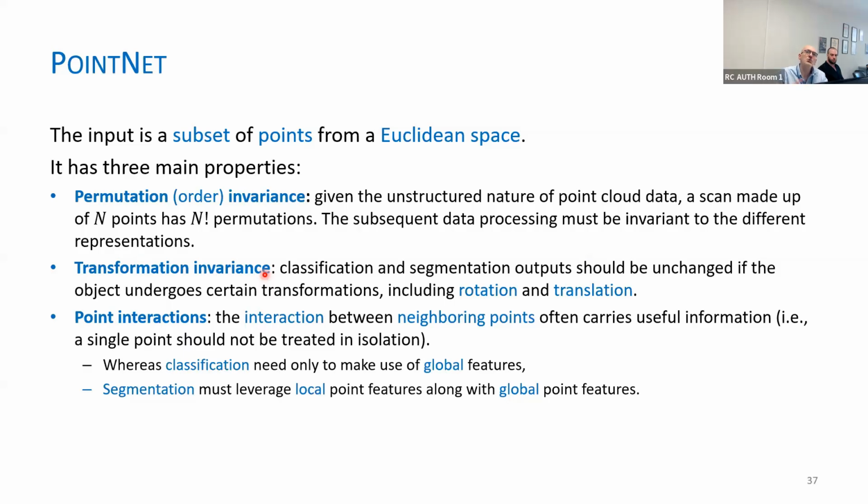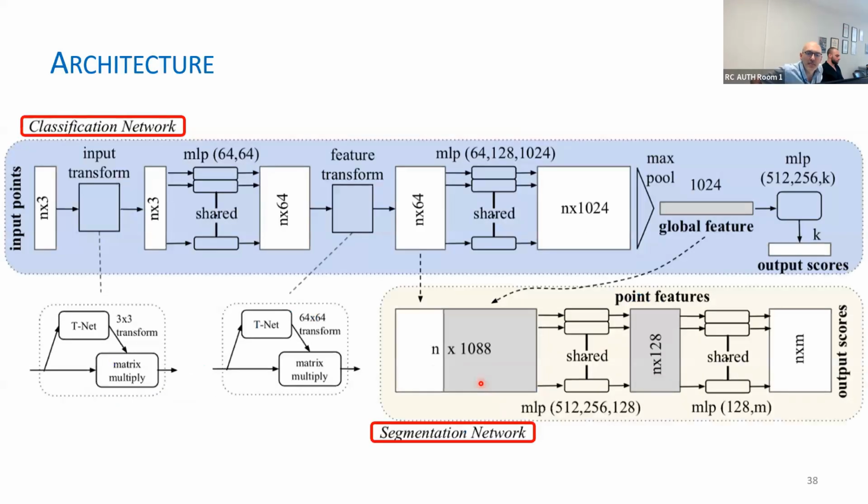So the network should recognize and classify the object in the right way, independently from this transformation. And then there is this idea of having some local representation and the global representation for the point. So I think probably it's more clear here.